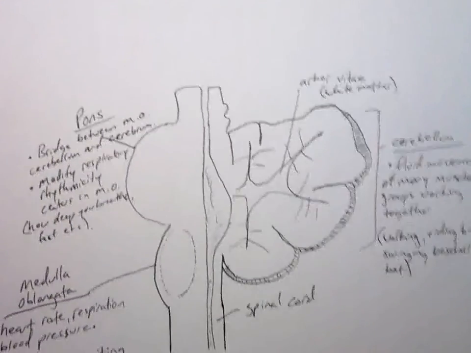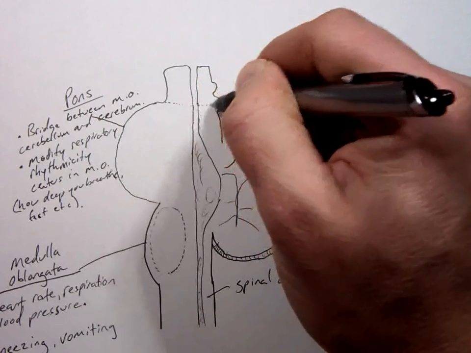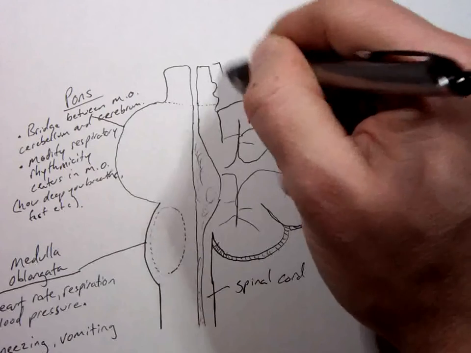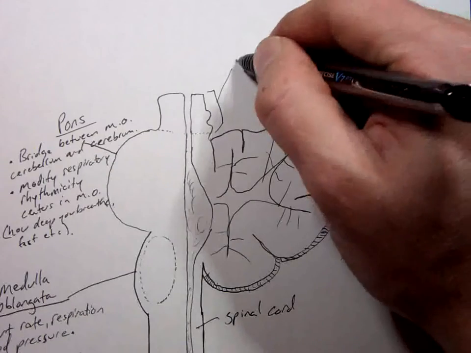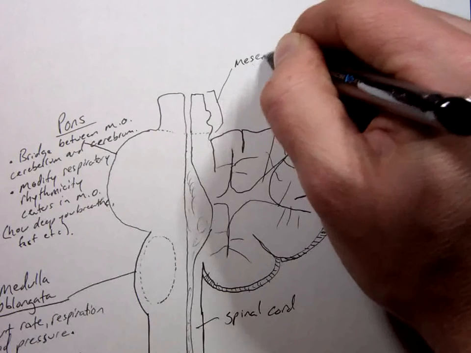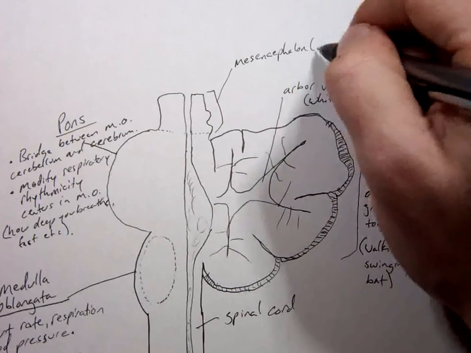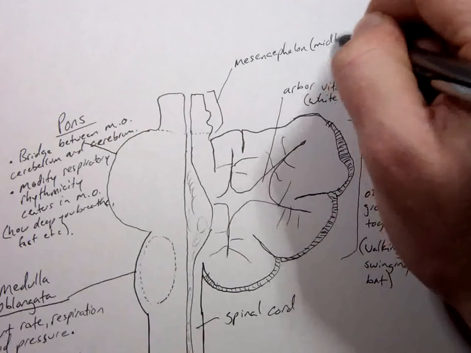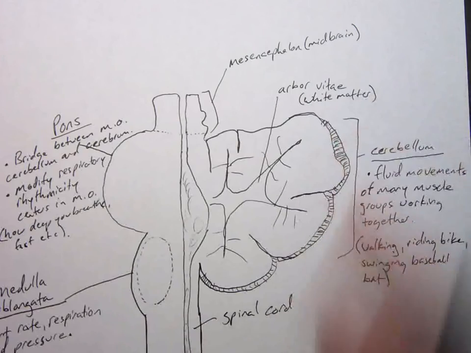This little section, dotted line here, from here up to here, this is called the midbrain, but that's too simple. So let's call it the mesencephalon, which just literally means midbrain. The mesencephalon.